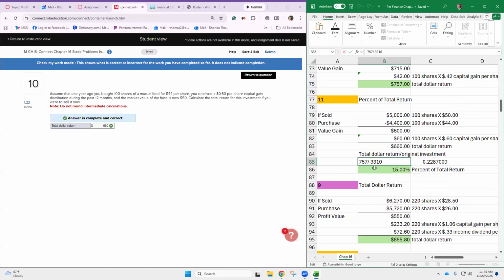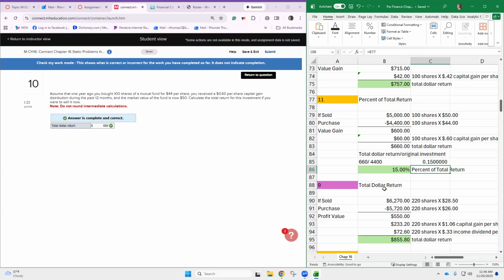If you took the total dollar return that you just made and divide by the initial investment of $4,400, you're going to get a return. Okay, so let me calculate that. We're going to get a return of $660, which is the amount we made, divided by the $4,400 we invested.